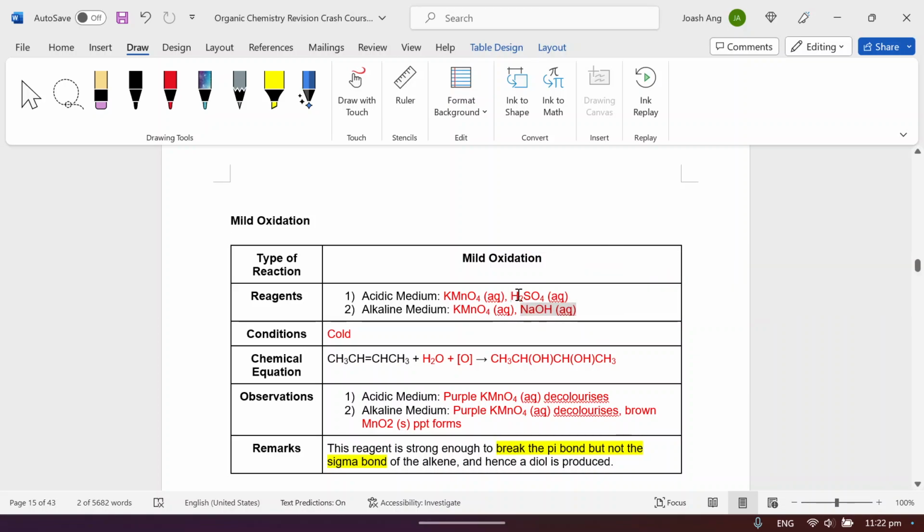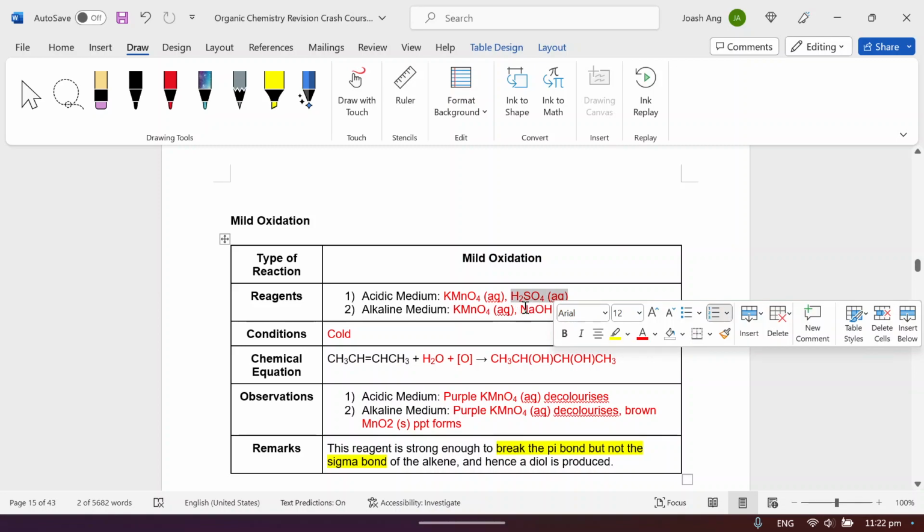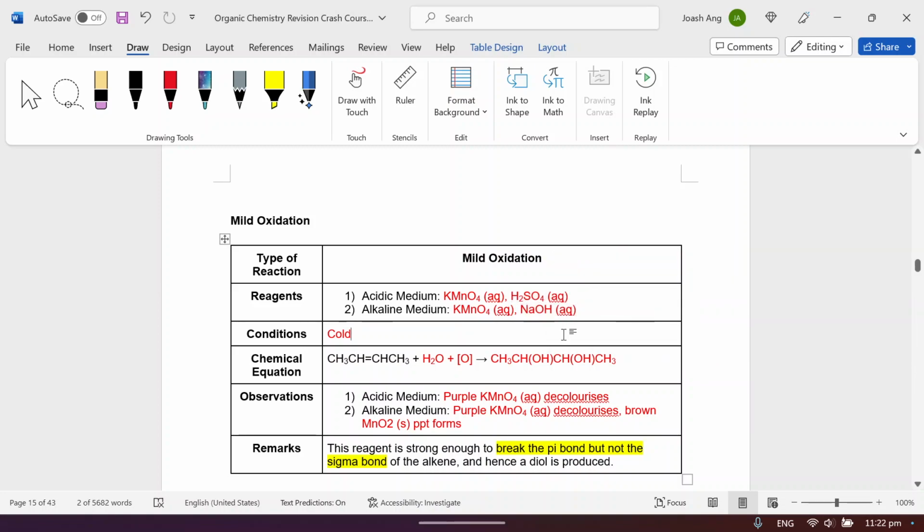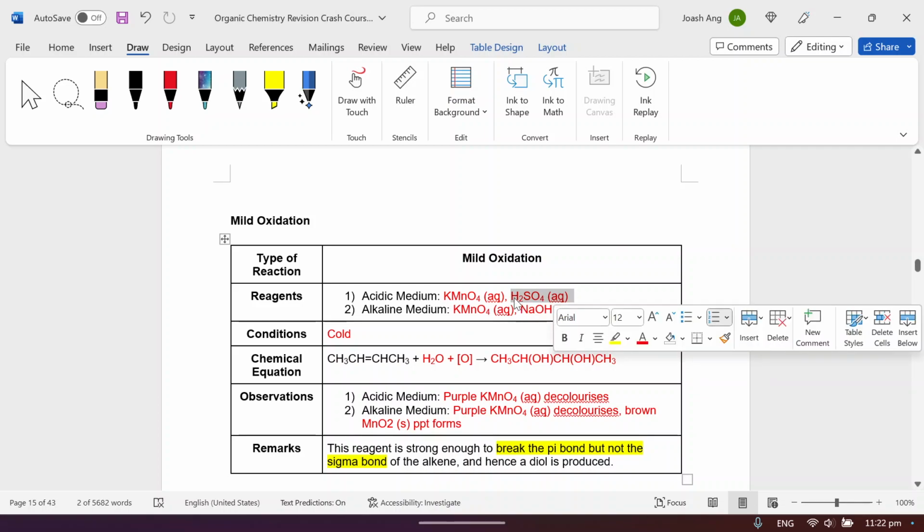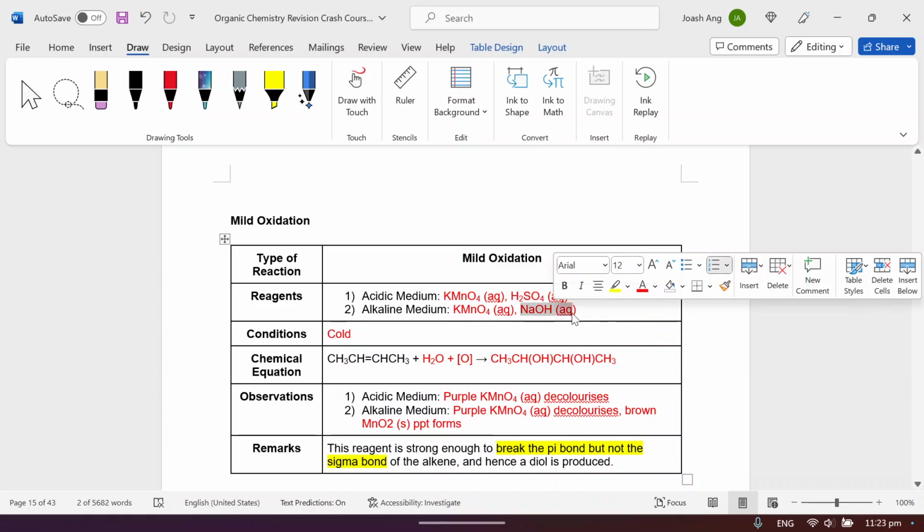So the reason why acidic and alkaline medium are so important is that in the acid medium, you would reduce MnO4- to Mn2+ ion. But for alkaline medium, you are reducing MnO4- to MnO2.